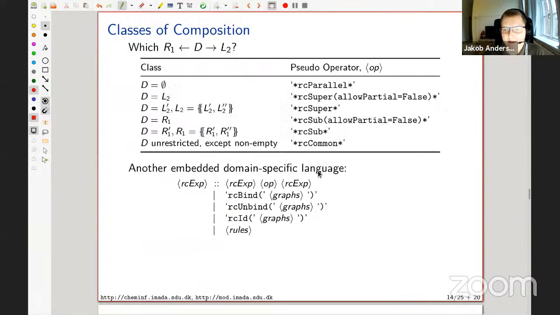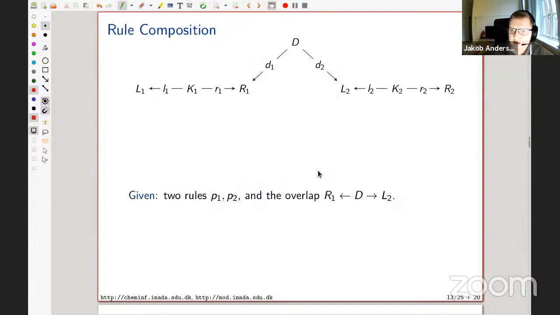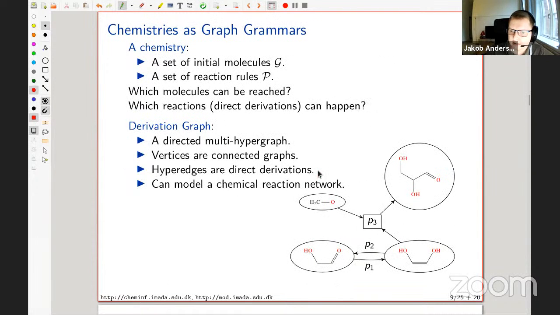Sorry, Jakob, there are a couple of interesting questions on the chat on essentially motivations for some of the more basic design choices you made, which are probably worth addressing. So yeah, Ian's question about why distinguish between a graph and a multiset of connected components. The idea is here, for example, that in this small reaction network, we have this molecule here.